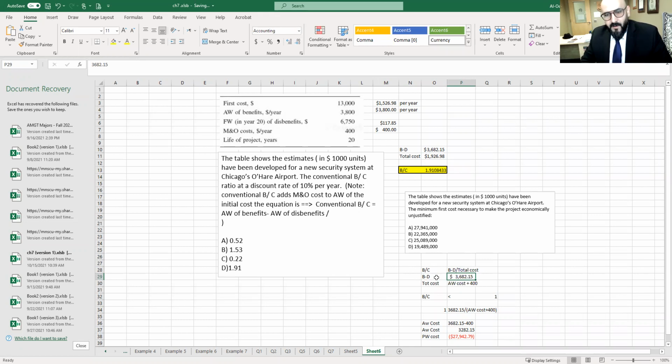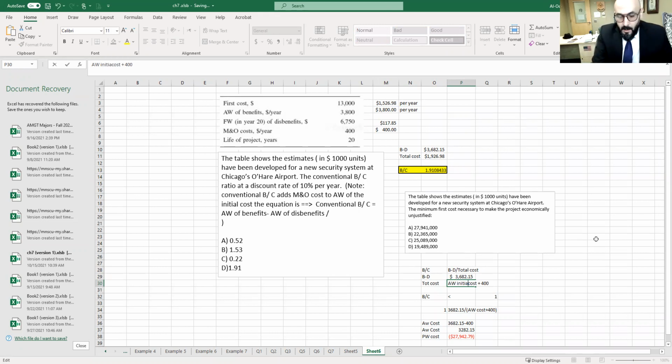For the benefit minus disbenefit, we already calculated it in a previous step. That would be 3,682. For the total cost, this is where we have to stop and think. The total cost would be the annual worth of the initial cost plus the 400.